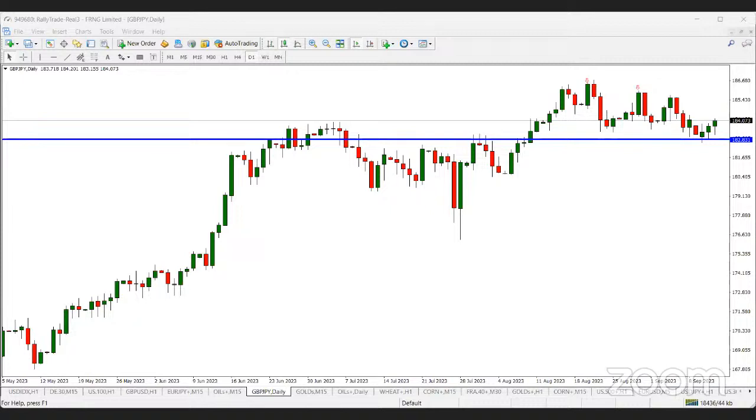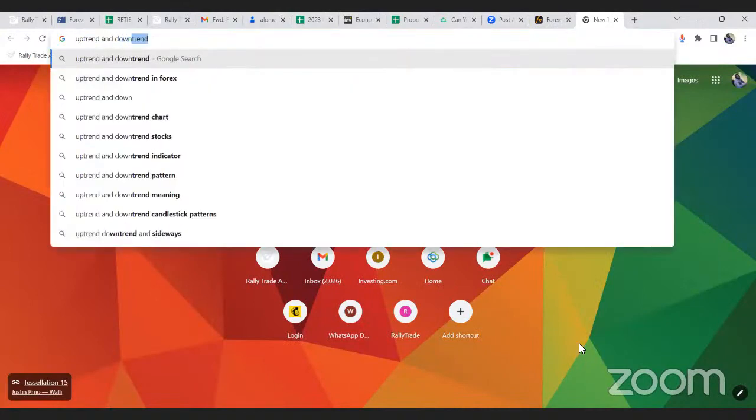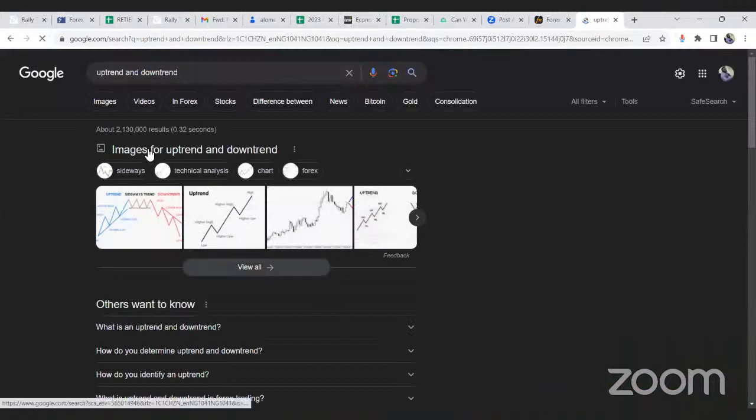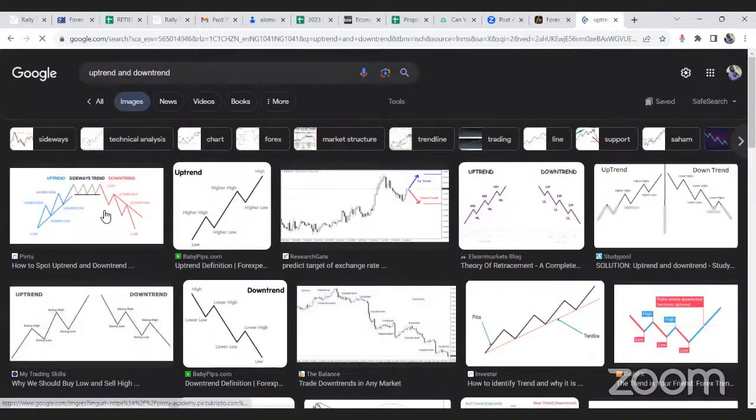Okay, uptrend. Let me share my browser with us. Uptrend and downtrend. So let's go to images. Oh, very good.